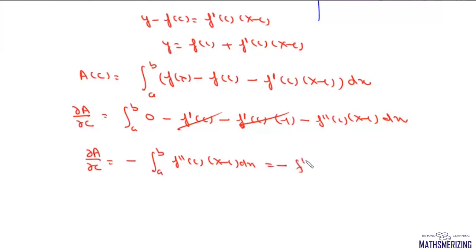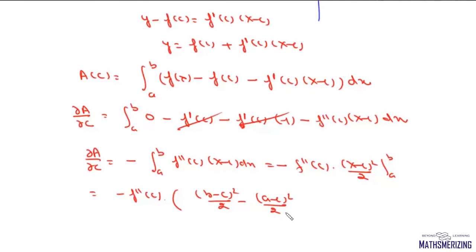We'll take f double dash c out, then it'll be x minus c whole square upon 2 from a to b. So it'll be minus f double dash c, and then we'll have b minus c square upon 2 minus a minus c square upon 2.